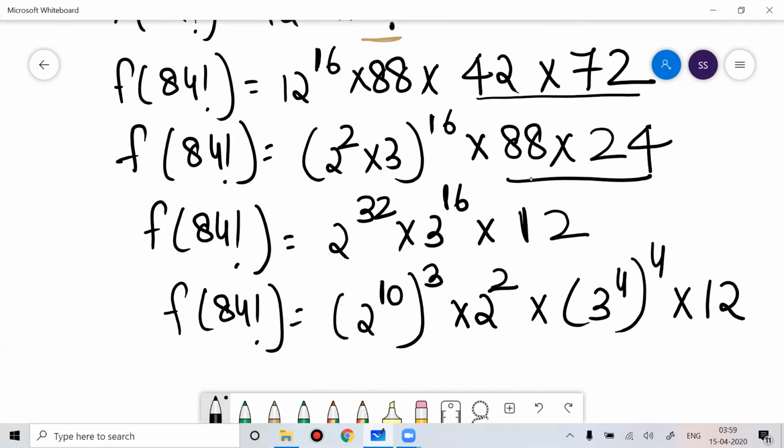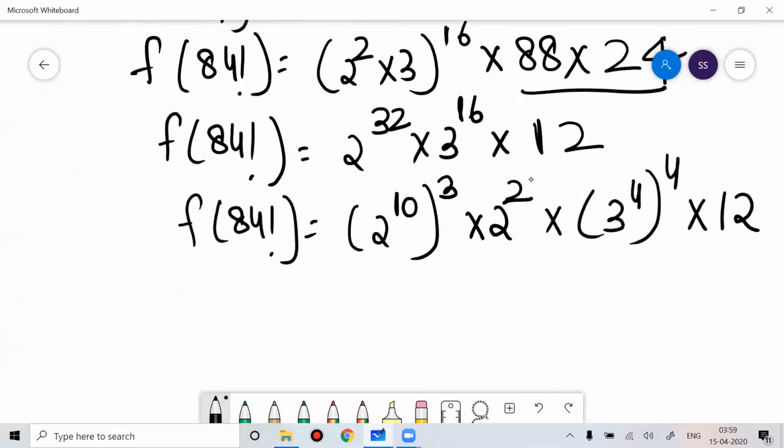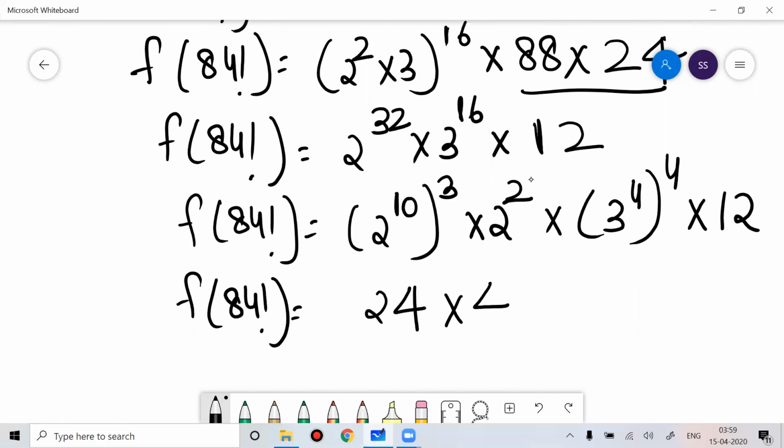Those who don't know, I'll discuss once I finish this. So 2 to the power 10 cubed will give you 24, and this will give you 4. This will give you 81 to the power 4 into 12.